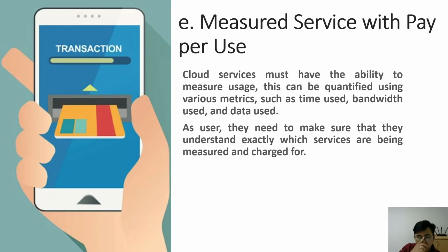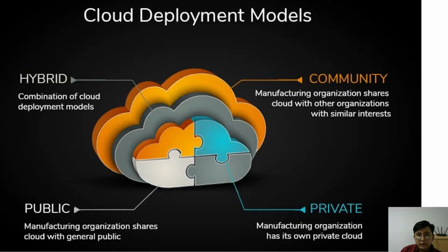So based on NIST, these should be the characteristics used when we are going to identify cloud technology. Now we know how to identify it, we can go to how we deploy the cloud. So we have cloud deployment models.